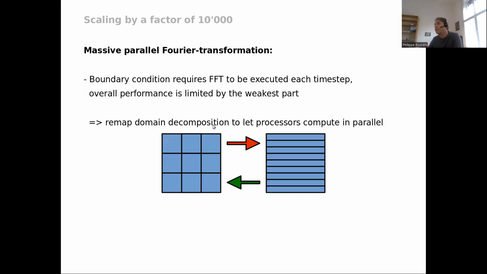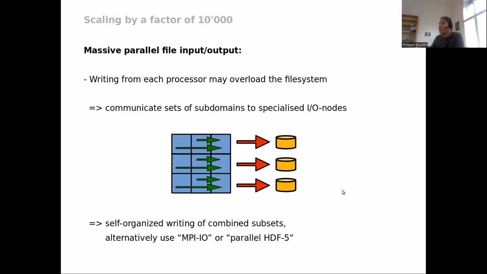For the Fourier transform, for example, we currently have a scheme where cubic subdomains are transferred into elongated subdomains, because the Fourier transform requires all the data along X of the whole volume, or along the direction where you transform, right? And that is actually done efficiently. Also, the writing out of the data is done. We have IO modules. Johannes will tell in one of his presentations about the IO schemes.